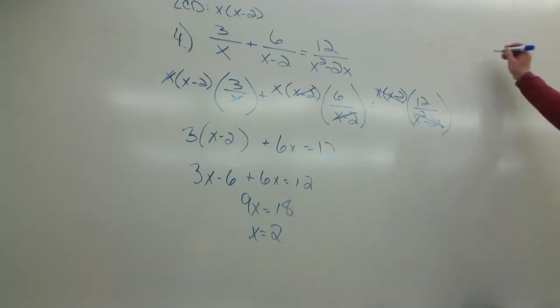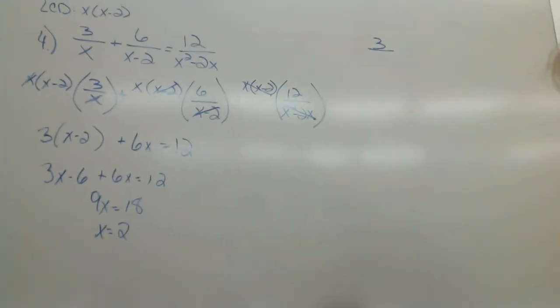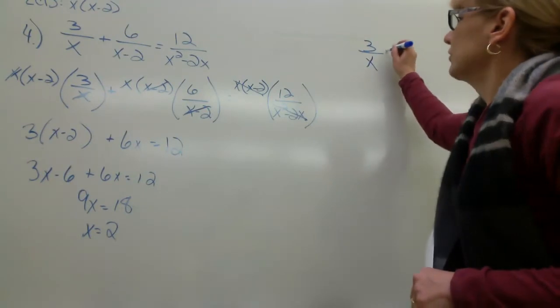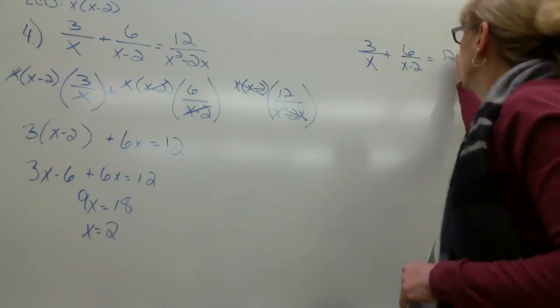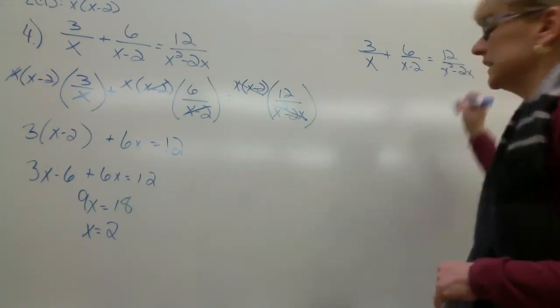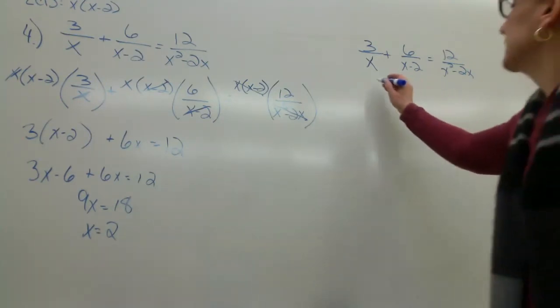However, when we go back to look at that original equation, 3 over x plus 6 over x minus 2 equals 12 over x squared minus 2x. If I use 2 as a solution to this problem, what will happen?